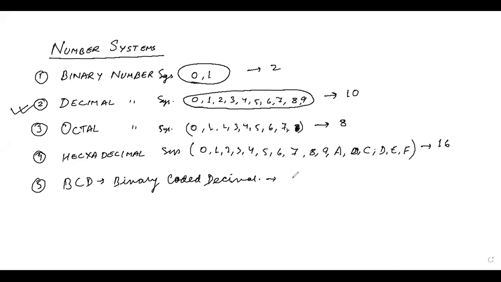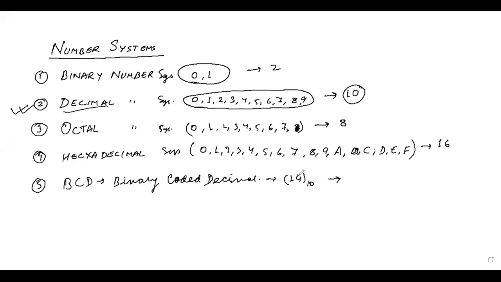So in this case, if we have the decimal number 14, I am writing it here as 14 base 10. What does base 10 mean? Base 10 means decimal. So this number is represented in decimal.